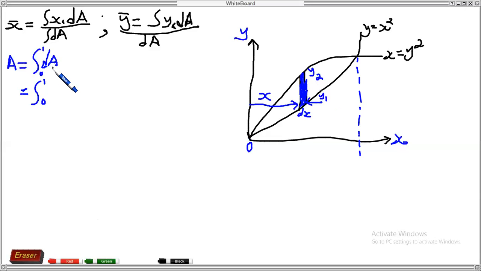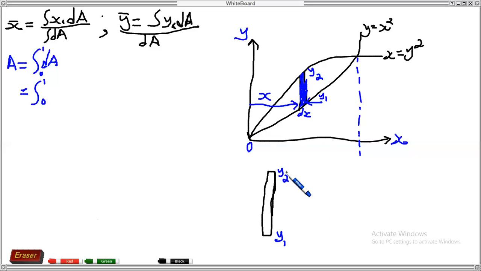So now your dA, this small area, the area of this small piece. Let me just bring that small element, that small piece here. This is the ending point, y2 here, and the beginning point is y1 that we have here.